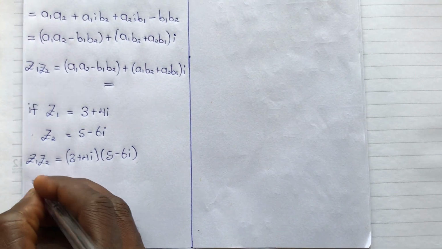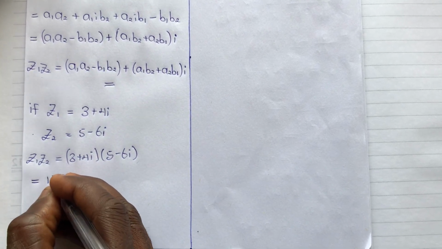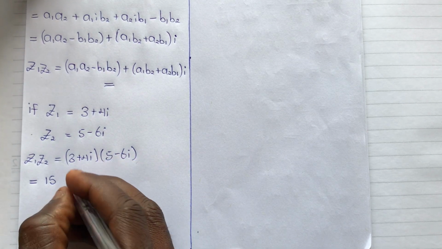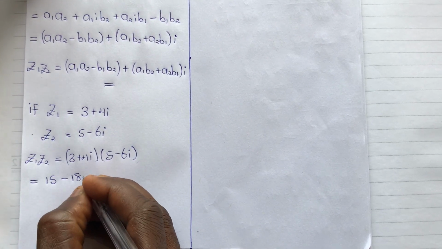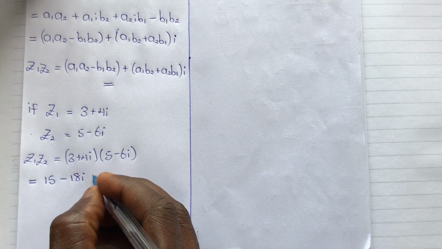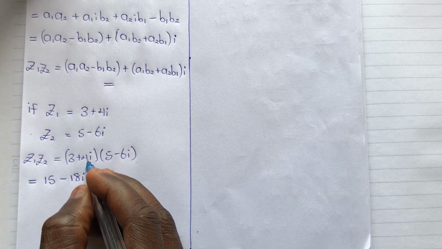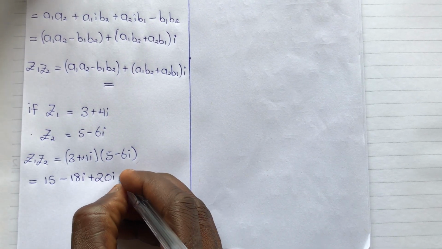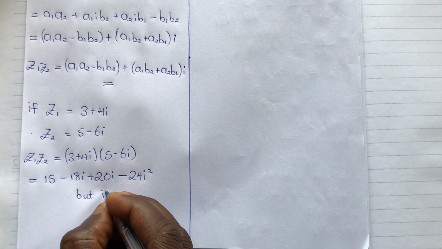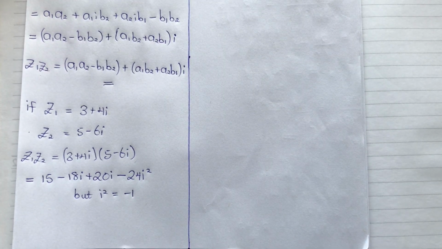We can expand this. So we have 3 times 5 giving us 15, and 3 times -6i giving us -18i. Then 4i times 5 gives us plus 20i, and 4i times -6i gives us -24i squared. i squared equals -1, so we can substitute that.